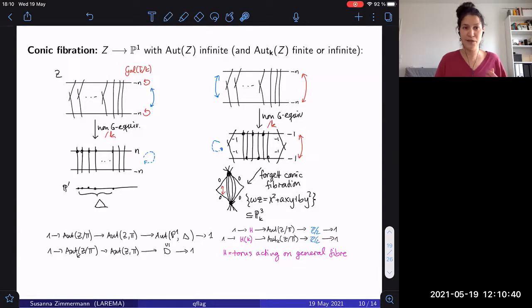This is basically because you're working over a rational surface, and over the algebraic closure you can always go down to a Hirzebruch surface.